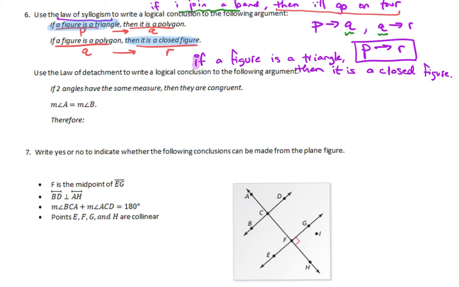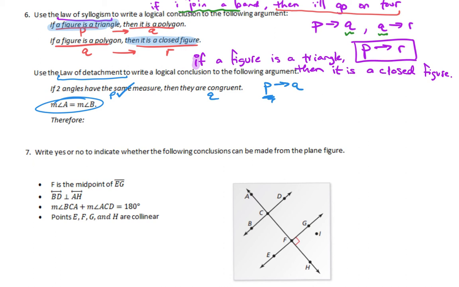Up next is the law of detachment. Remember, that says that if you have a statement P to Q, and then P actually becomes true, then Q is going to happen also. So if two angles have the same measure, here's the P, then they are congruent, Q. Hey, look, I have two angles that have the same measure. The measure of angle A is equal to the measure of B. So P is true, check.